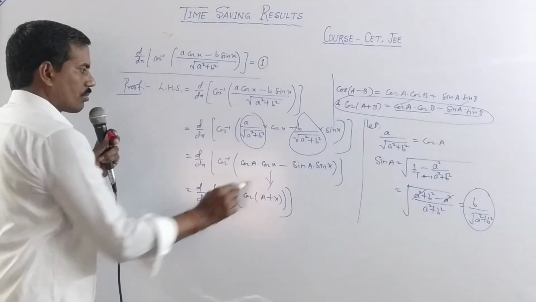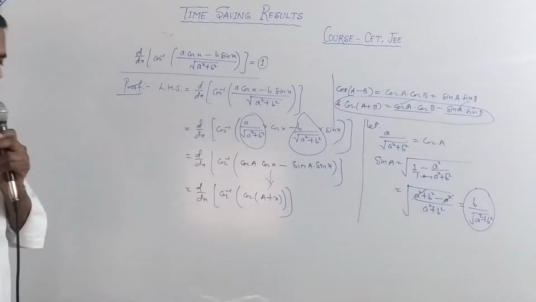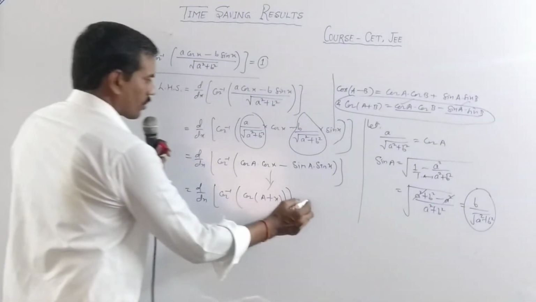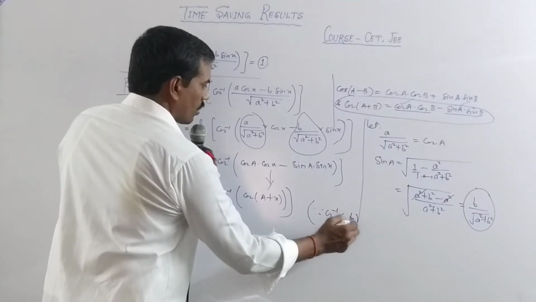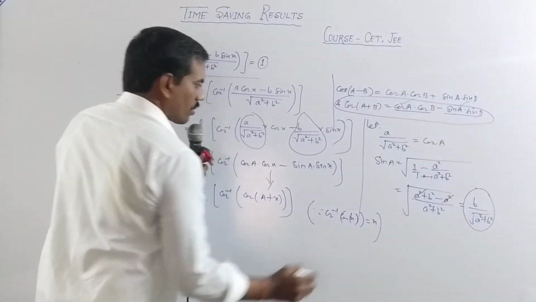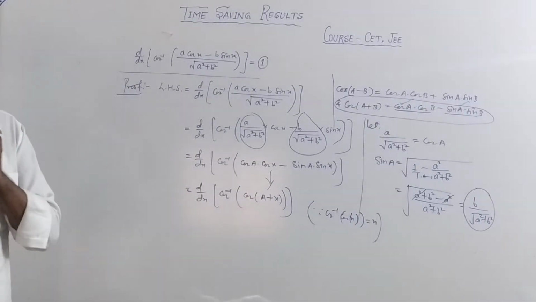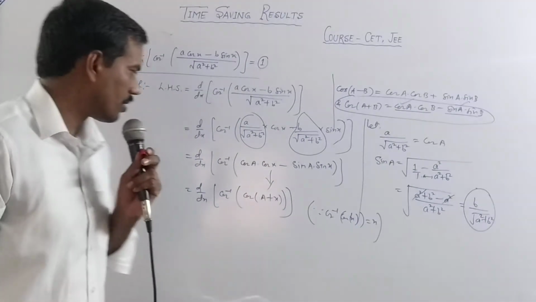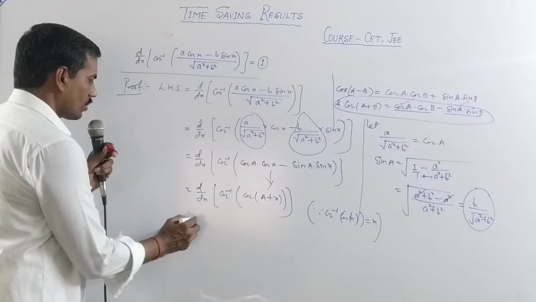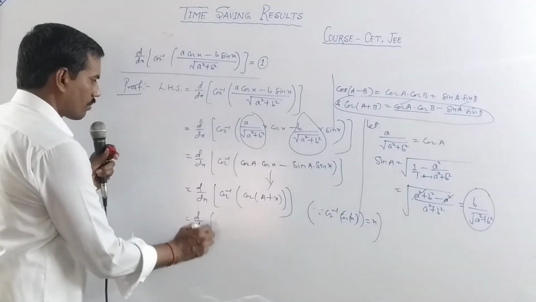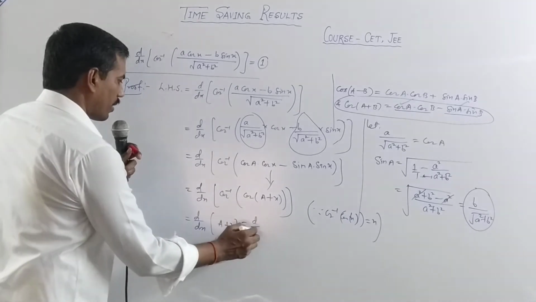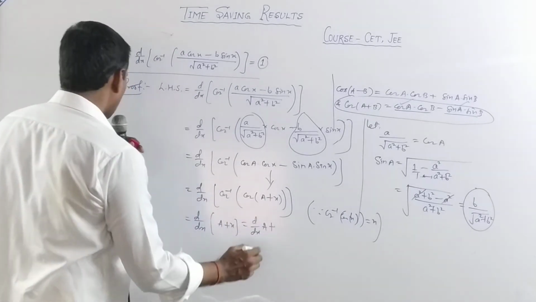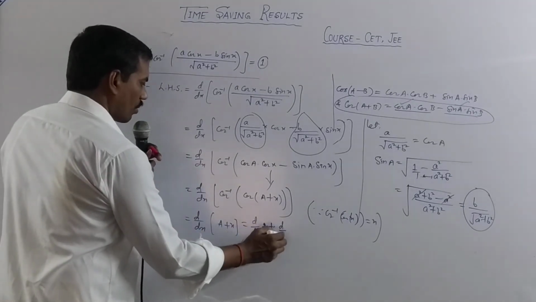This is equal to cos of (A plus x), and we know that cos inverse of cos x is equal to x. So this is equal to d by dx of (A plus x), which is d by dx of A plus d by dx of x.